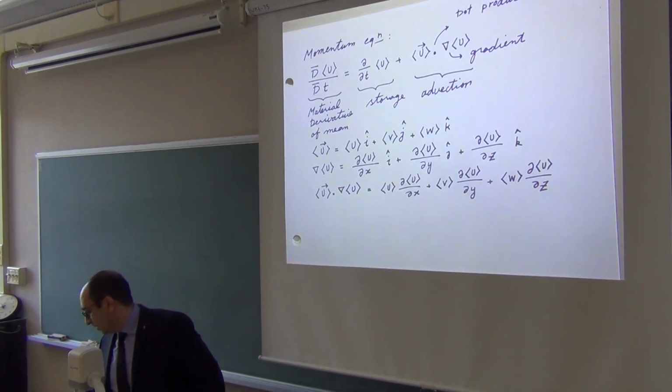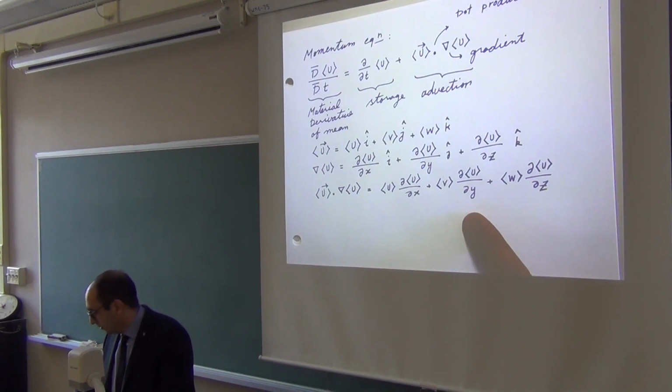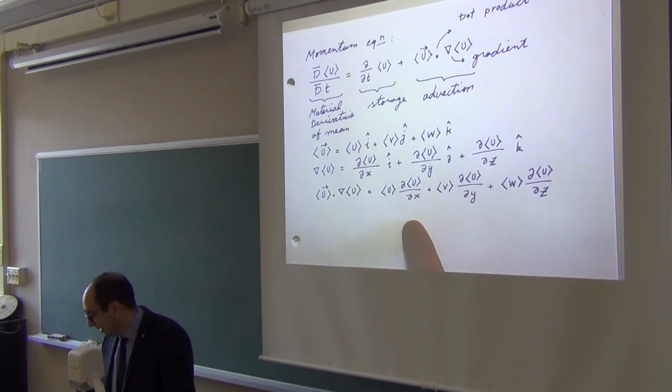Is the dot product a scalar or a vector? What does the dot product give you? Scalar, right? So you see there's no i, j or k in this dot product, or the advection term.